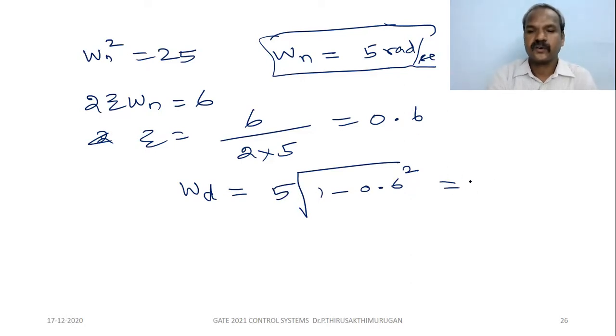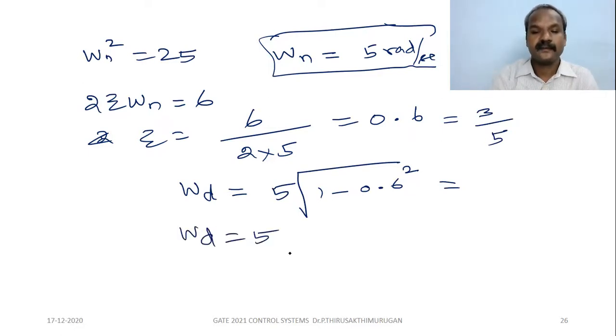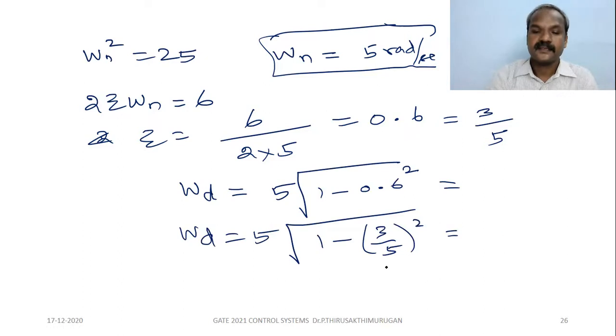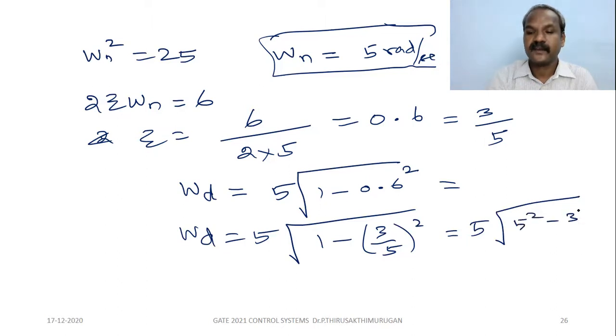You can also calculate without a decimal because the denominator contains 5, 10. So this can be simplified as 3 by 5. Substitute here: omega d equals 5 square root of 1 minus 3 by 5 whole square. Take LCM: square root of 5 square minus 3 square divided by 5 square.